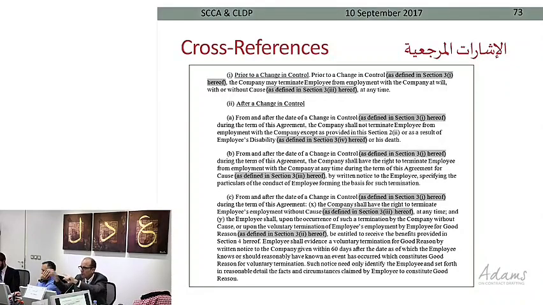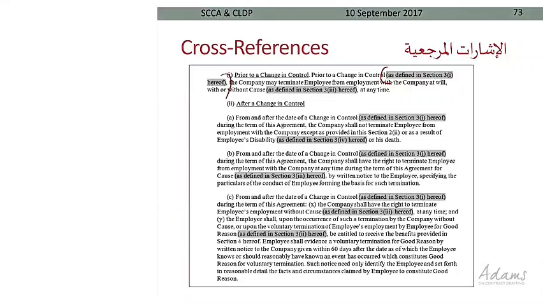I have to tell them where it's defined. So what do they do? They put a cross-reference parenthetical, like this. In fact, they like the idea so much that they put it after every time you use change of control. That's kind of crazy. I've only seen this sort of thing once.